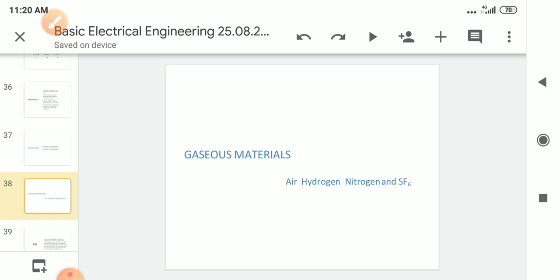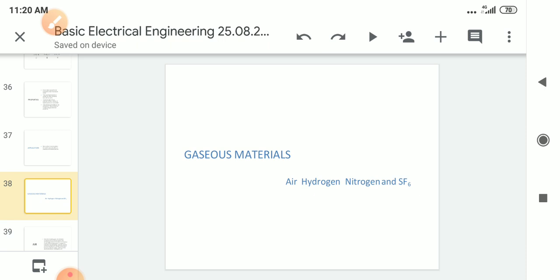These are the different types of gaseous insulating materials. We will study these gas insulating materials in detail in our next class.